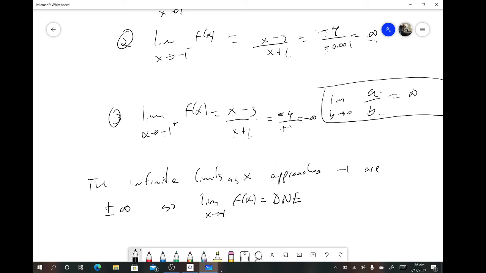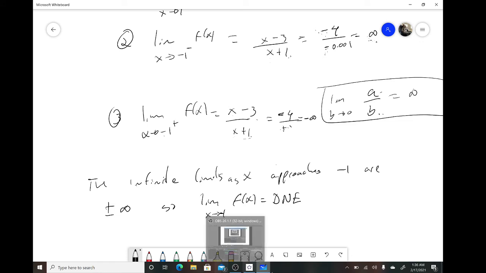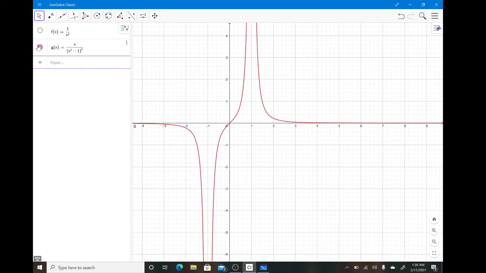Finally, I'm just going to graph this so you can see exactly what went on in this particular function, because it may not be too easy to see. So let me graph it here. Let me call this h.